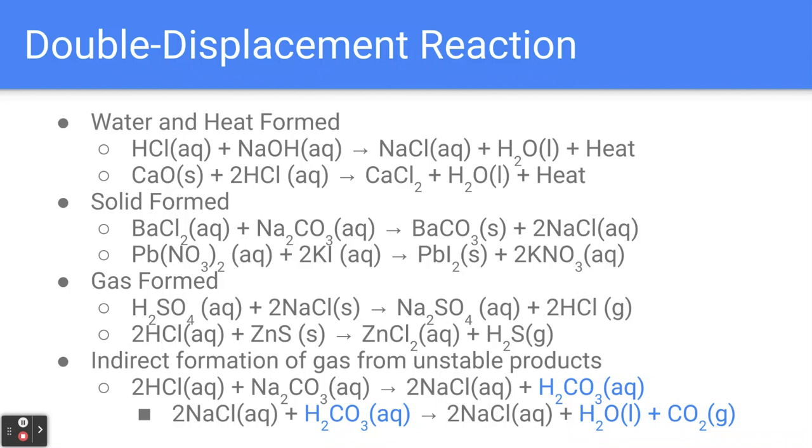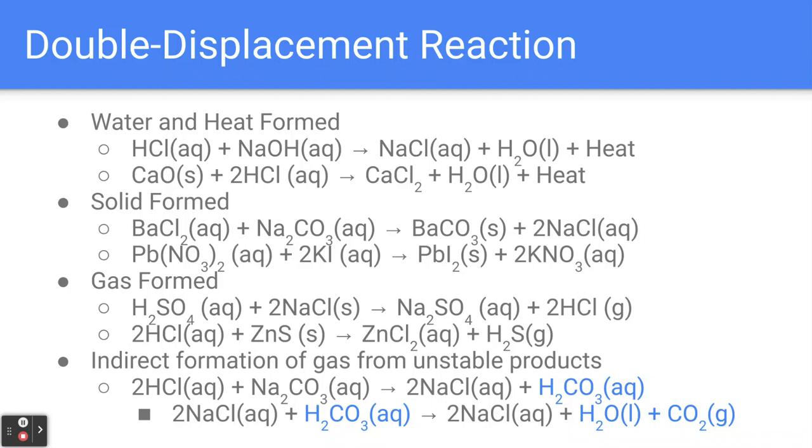So you could have barium chloride and sodium carbonate forming barium carbonate and sodium chloride. You could have lead nitrate and potassium iodide forming lead iodide and potassium nitrate. Both of these, you can see here that we get solids in the product. So you can see there that the parentheses have solids, which tell us that the reaction took place.